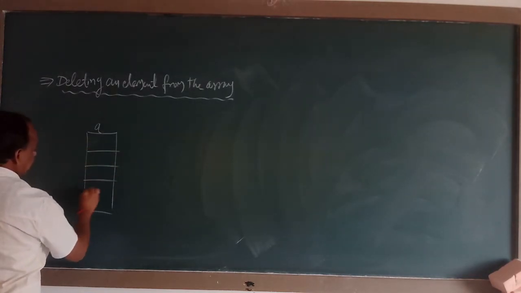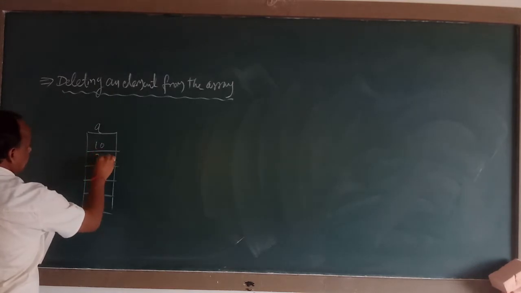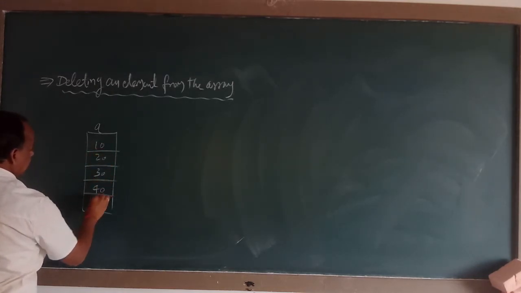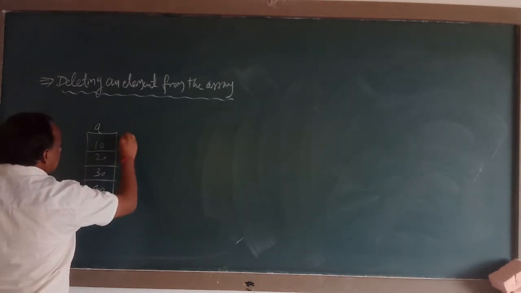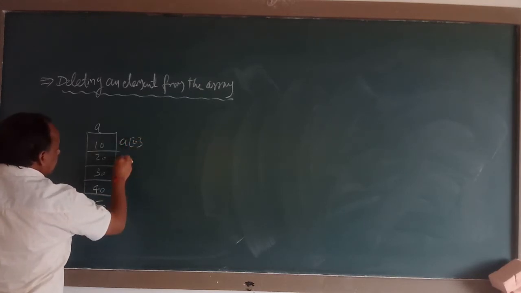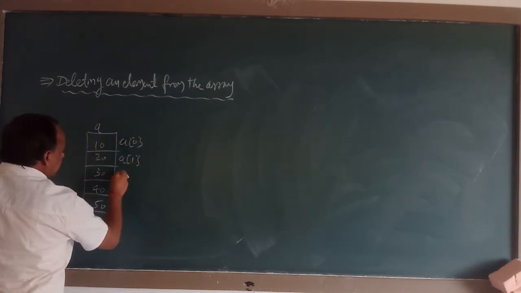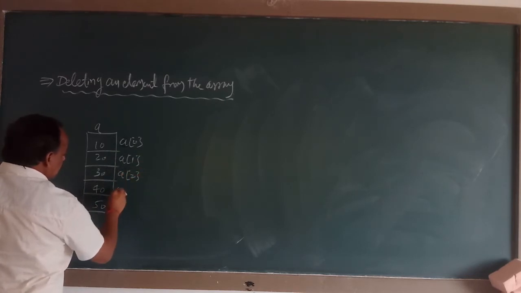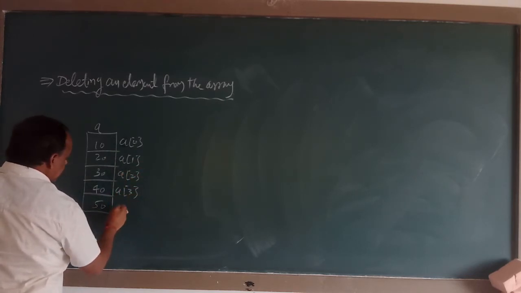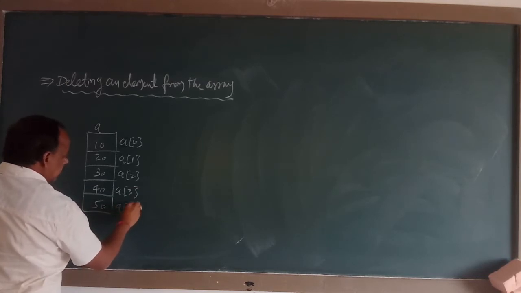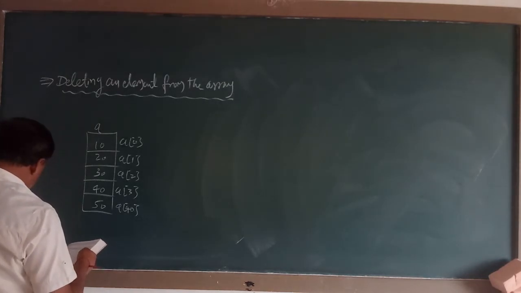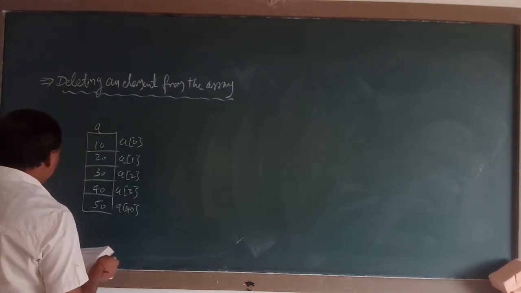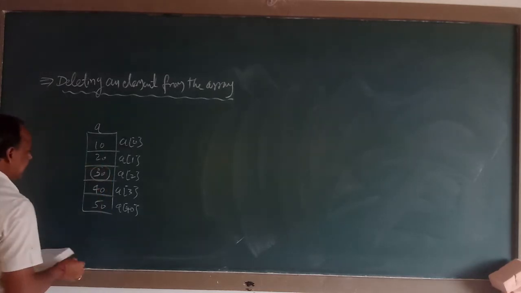Here, 10 is stored in A of 0, 20 is stored in A of 1, 30 is stored in A of 2, 40 is stored in A of 3, and 50 is stored in A of 4.